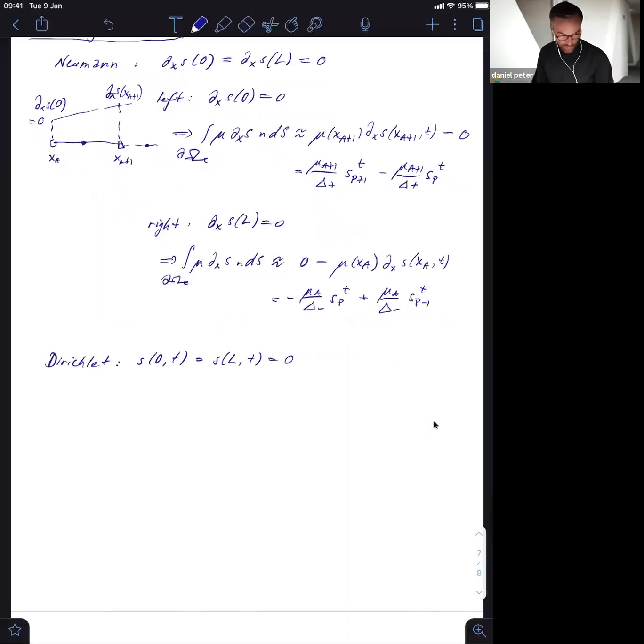So how would the left-hand side look like? Well, we impose here as at position 0, which basically means that for our grid cell here, we have the displacement at the centroid position P and the displacement at the boundary, let's say x0.